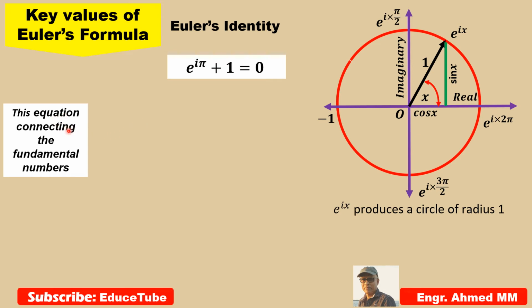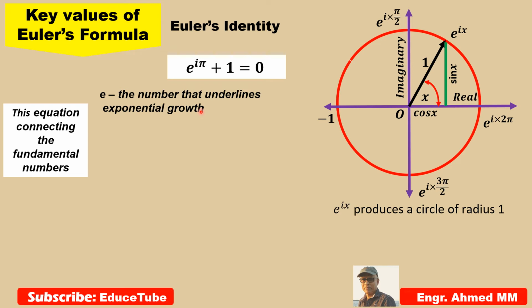Because this equation connects the fundamental numbers. What are those? Let's bring it. e, the number that underlines exponential growth. It is a very important point. It underlines exponential growth.